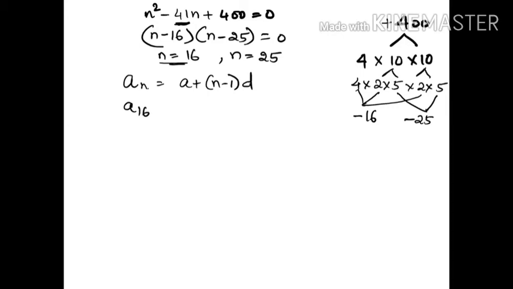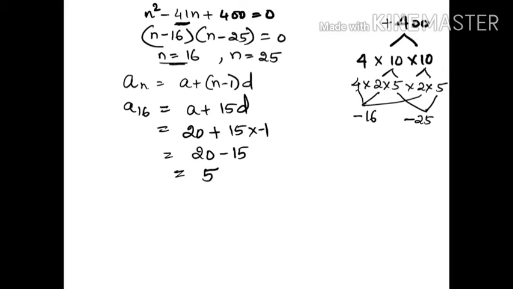So the 16th term will be equal to a plus 15d, substituting a as 20 and d as minus 1. We get 20 minus 15, and that is equal to 5. So if there are 16 number of rows, then the topmost row will have 5 logs.